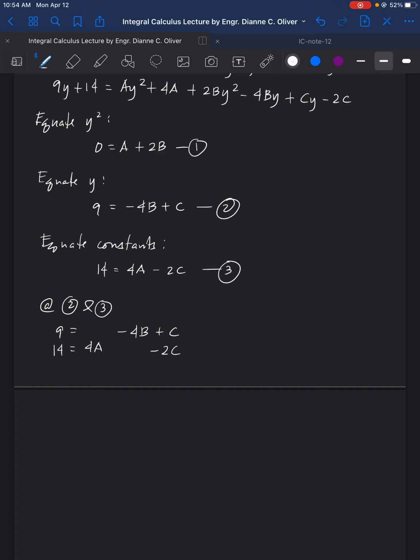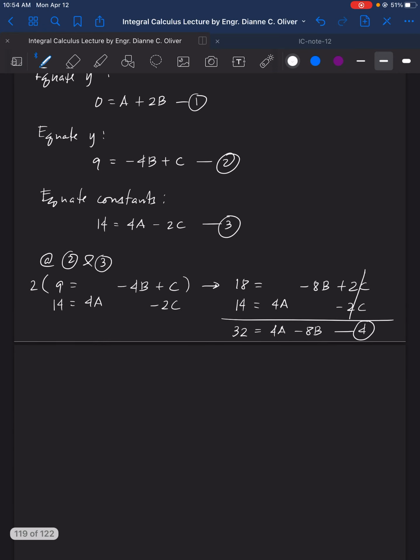To eliminate C, we will multiply equation 2 with 2. So that is 18 equals -8B + 2C. This is 14 equals 4A - 2C. Cancel out 2C. So what's left is 32 equals 4A - 8B. And that is equation number 4.